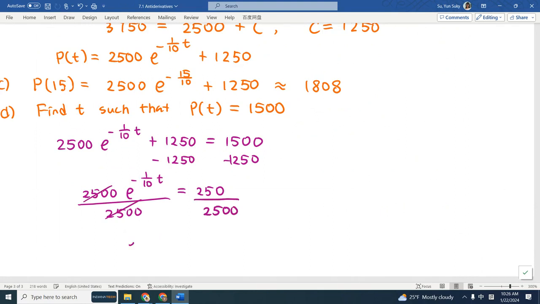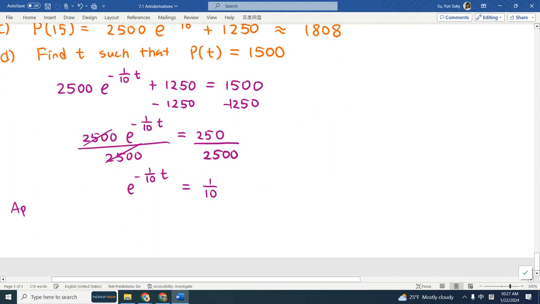So on the left side, we got e to the negative 1 over 10t. On the right-hand side, what's left? 0.1. It's actually 1 over 10, right? Okay. Once we isolate the exponential expression, we want to get rid of e. Remember exponential function, the inverse function is natural log, right, everybody? So we apply natural log on both sides.